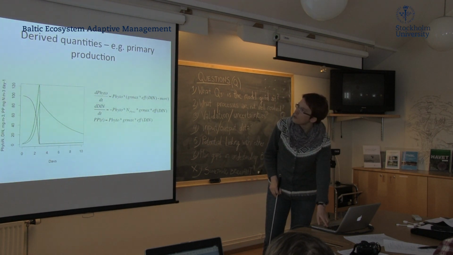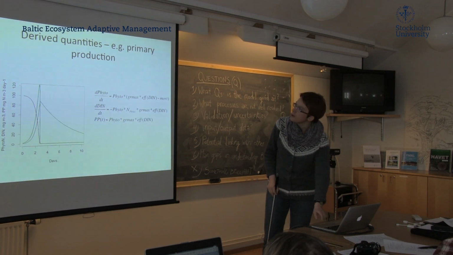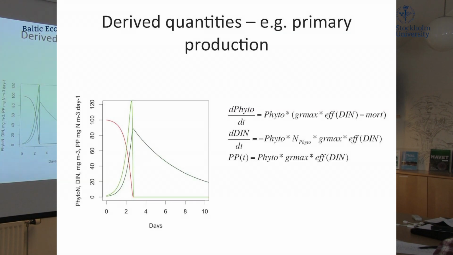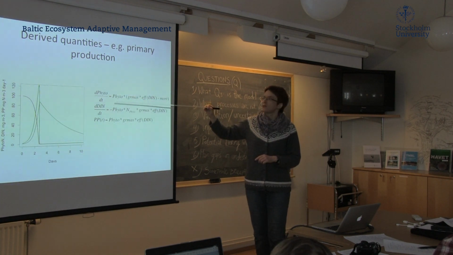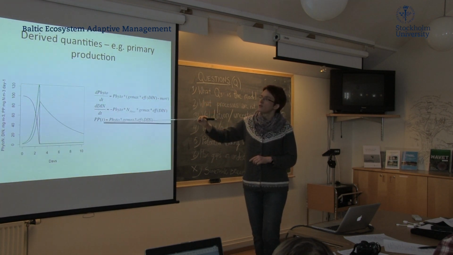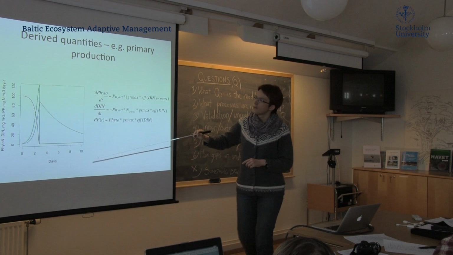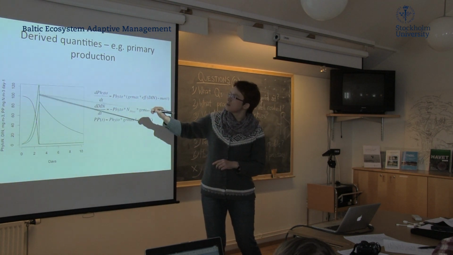And of course, what you can also do in that type of models, and this is what I've mentioned, it's very easy to extract biogeochemical fluxes from those type of models. So now we had a coupled system of phytoplankton and nutrients, and what I've plotted here is the primary production rate at each point in time.